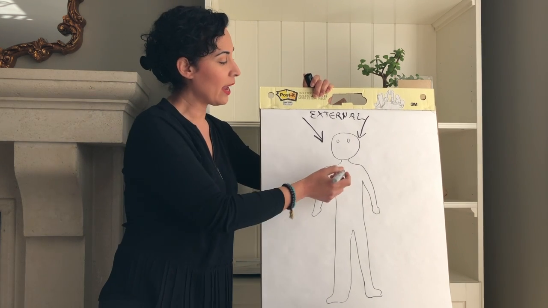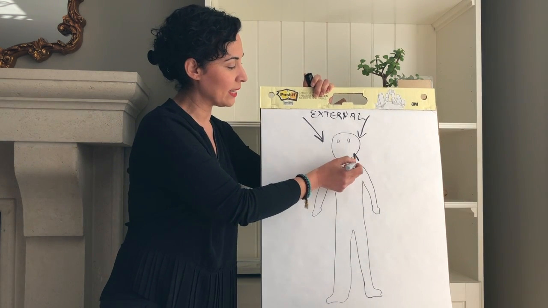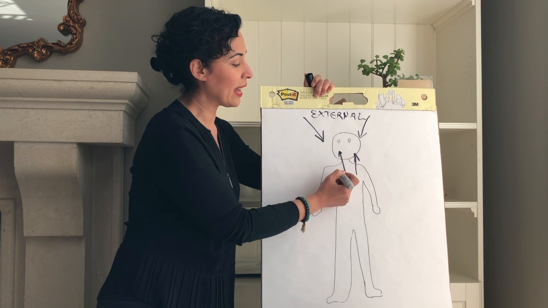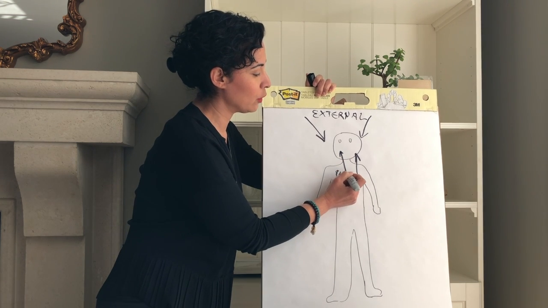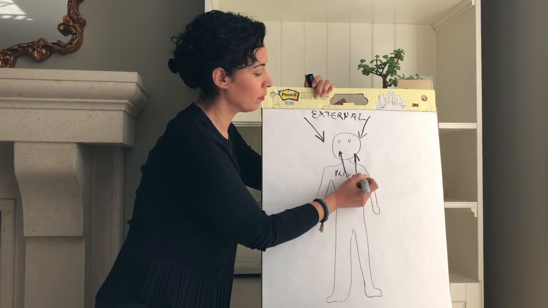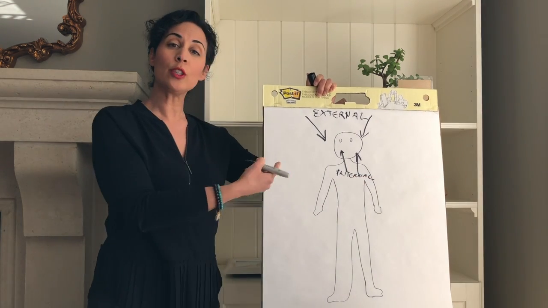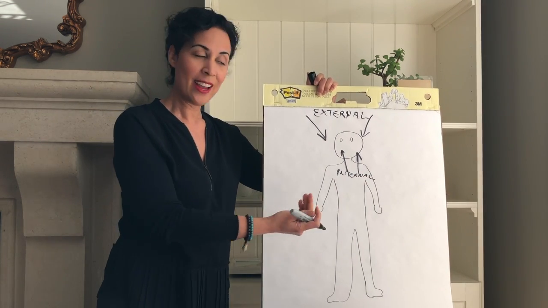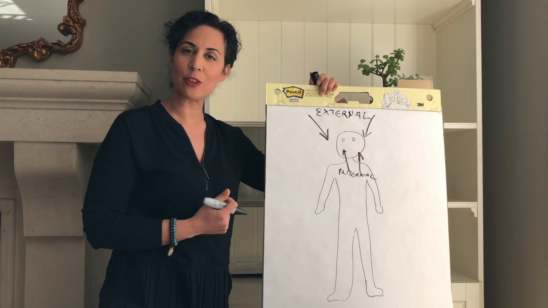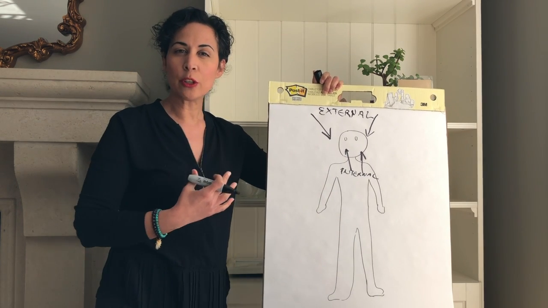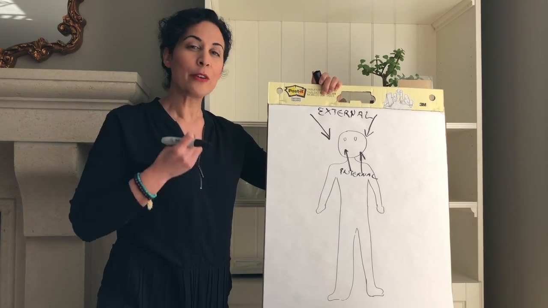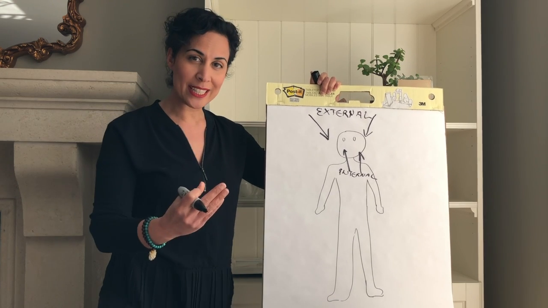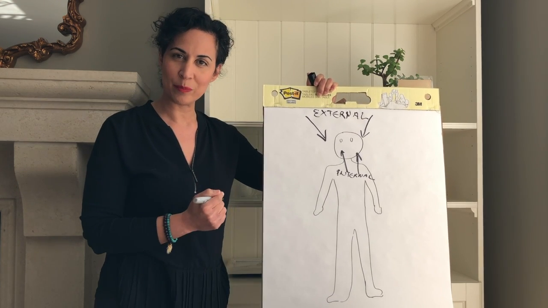Then we actually have internal stresses that get activated as a reaction to the external stress. Those internal states or emotions, they're the narrative, they're the commentary that we add to the stress.